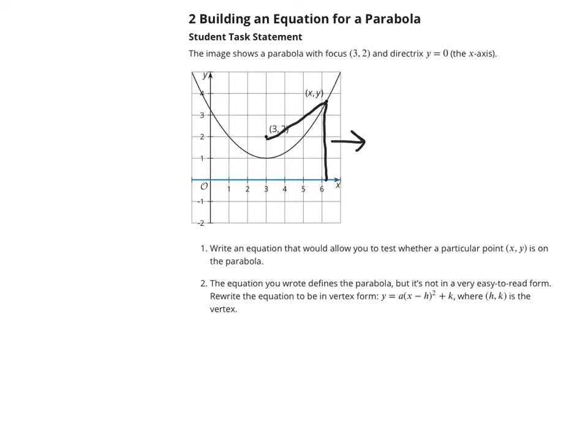I don't know the value of this point, but I do know that those two line segments are equal, right? This line segment is y minus 0, and this line segment is a little bit harder. It was x minus 3, because those are the x coordinates, and y minus 2. Let me erase this mess.